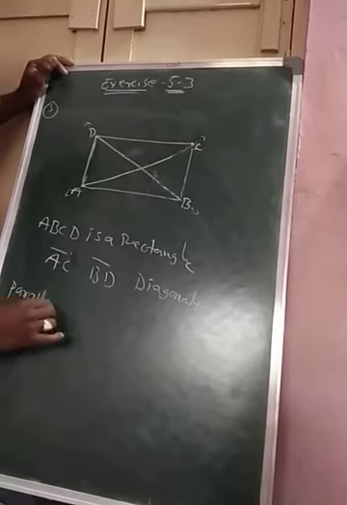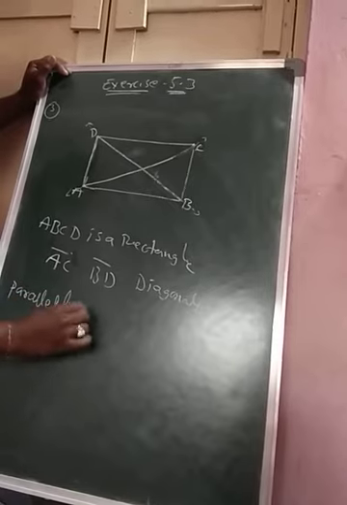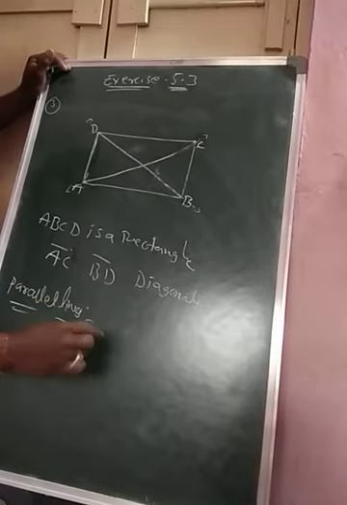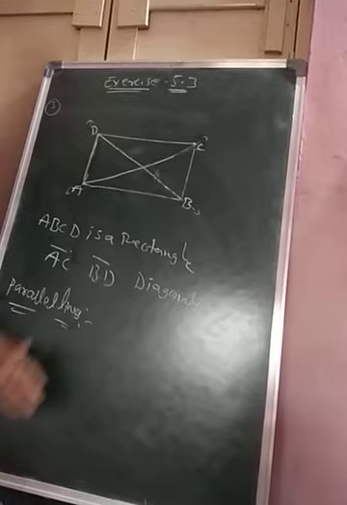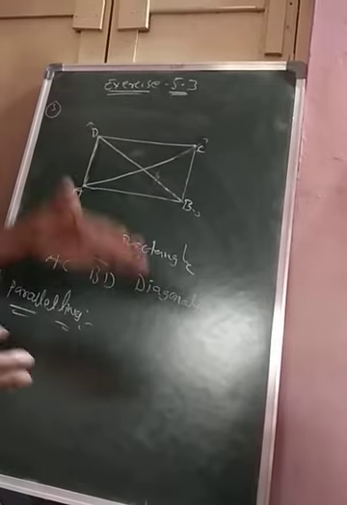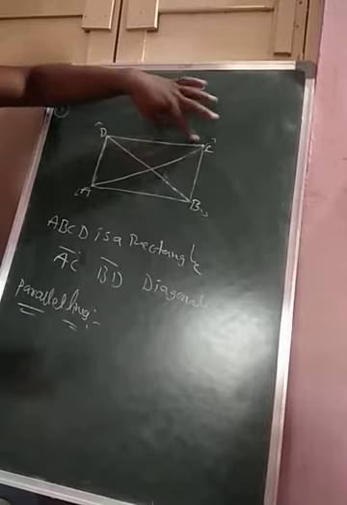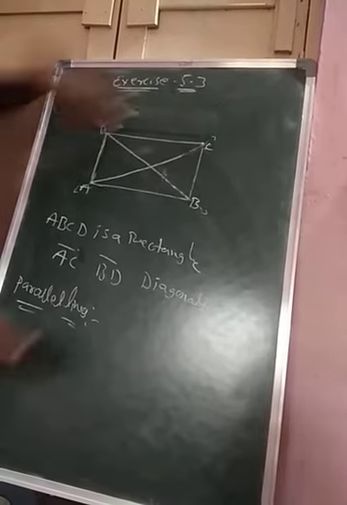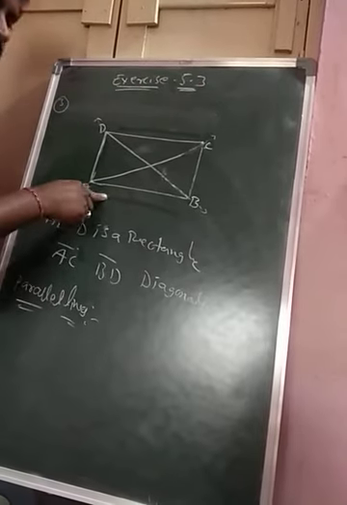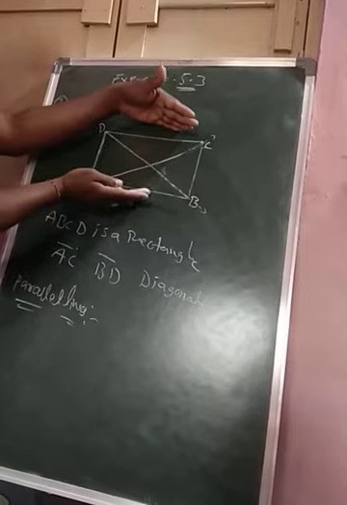Two parallel lines. We know parallel lines means the two lines do not have any common point. For example, you see CD is a line and AB is also a line. These two lines have no common point.